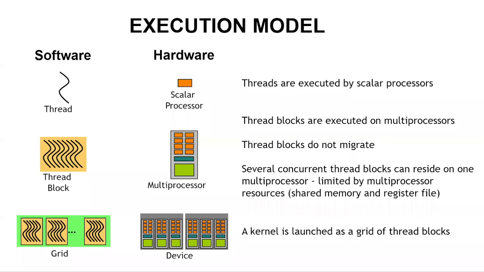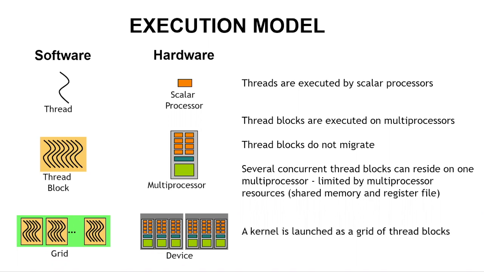And that's important because, as we'll see, the SM has resources associated with it like shared memory and L1 cache. We're going to get to those in the second session. So not today. We won't spend much time with shared memory and the L1 cache in this session, but we will revisit those in the next session. But as we'll see, those resources like shared memory are a per SM resource.